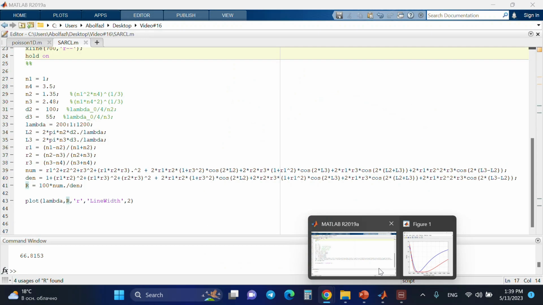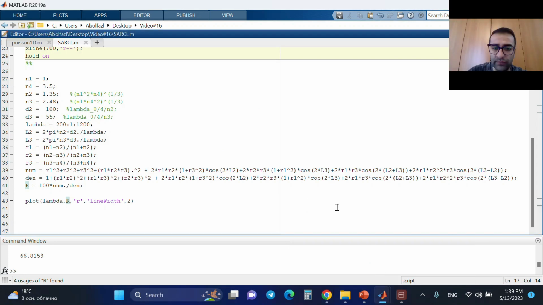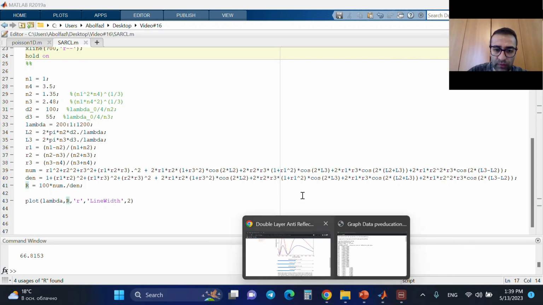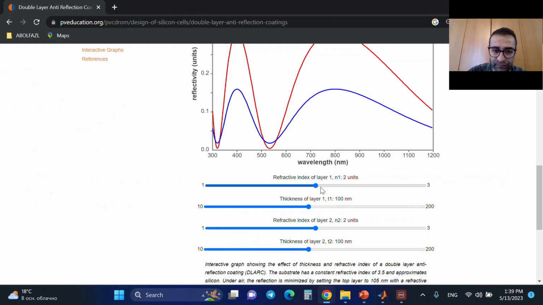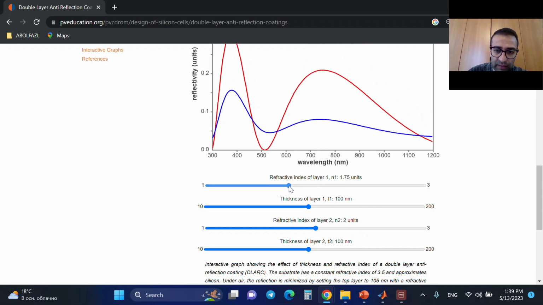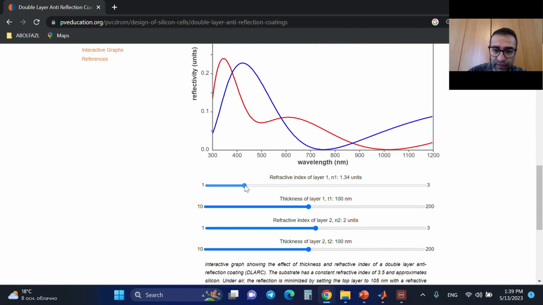Let's define N1 as 1, N4. We just need to change N2 and N3. N2 should be 1.35. Here is indeed N2: this one is for the first thin layer, and this one is for the second thin layer. Therefore, 1.35, right?